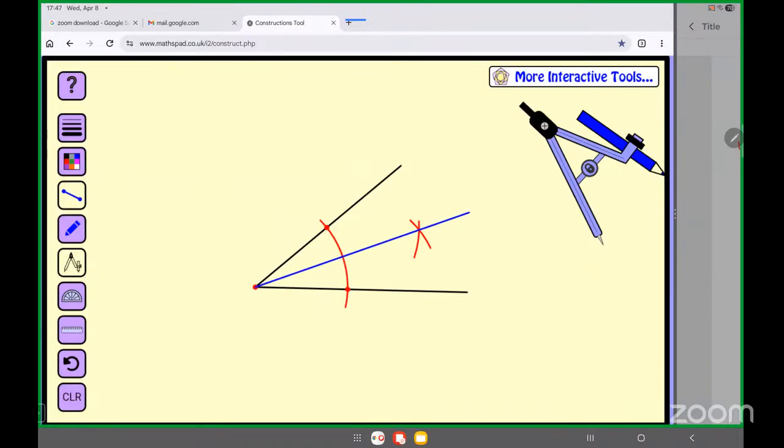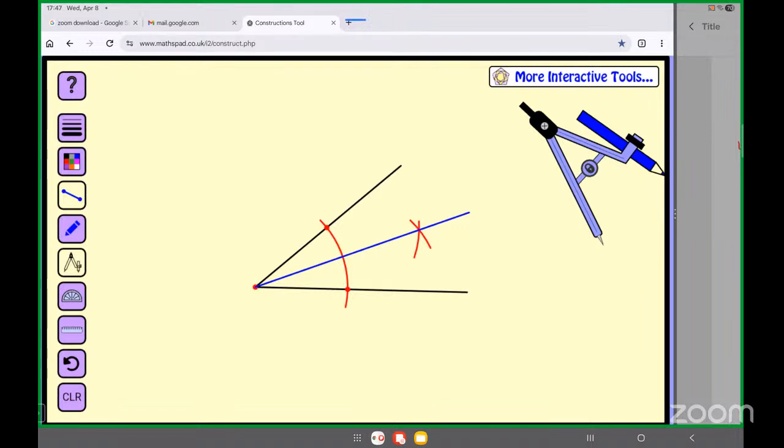That's it. Now cut that angle in half. So you can make a note: to bisect an angle, you bisect the arc of the angle. That's what I just did.